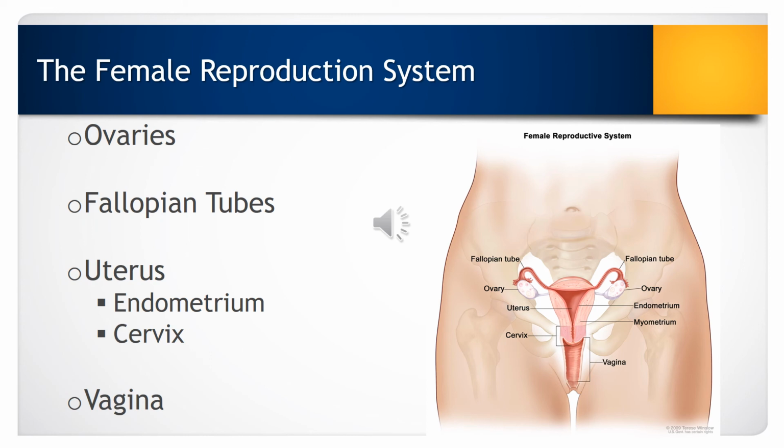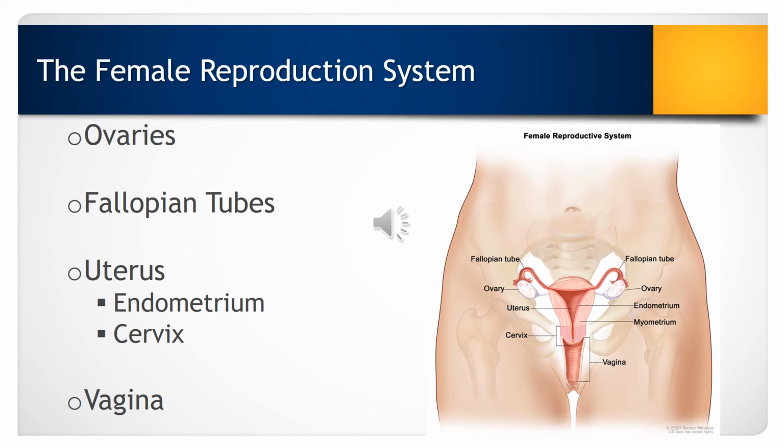The narrowing end of the uterus is what we call the cervix. The cervix starts in the uterus, and its ending point is an opening to the vagina. The vagina is a muscular tube that extends from that cervix into the perineum, or the outer area of the vagina.